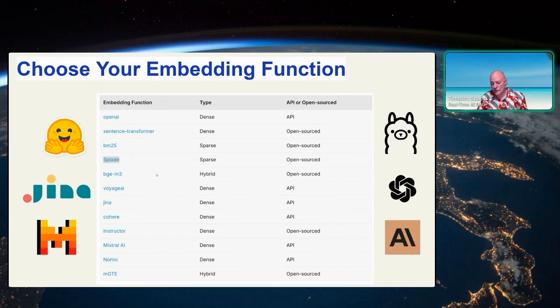Dense embedding is a traditional one that is a big number of vector dimensions, that can be like 1,000, 2,000 or more. And that is usually pretty good for results. Some of these sparse ones, like SPLADE and BM25, are good for keyword style searches. And again, putting these together in a hybrid search could give you the best results.